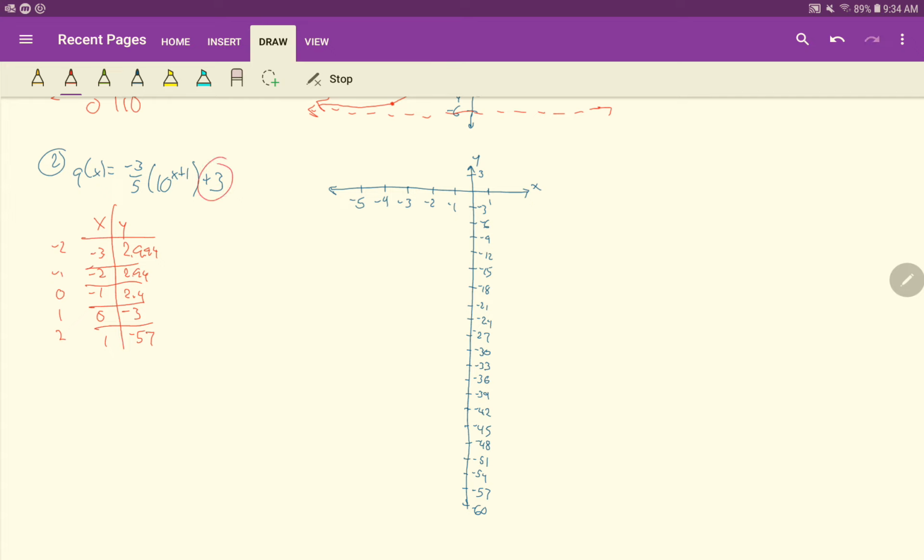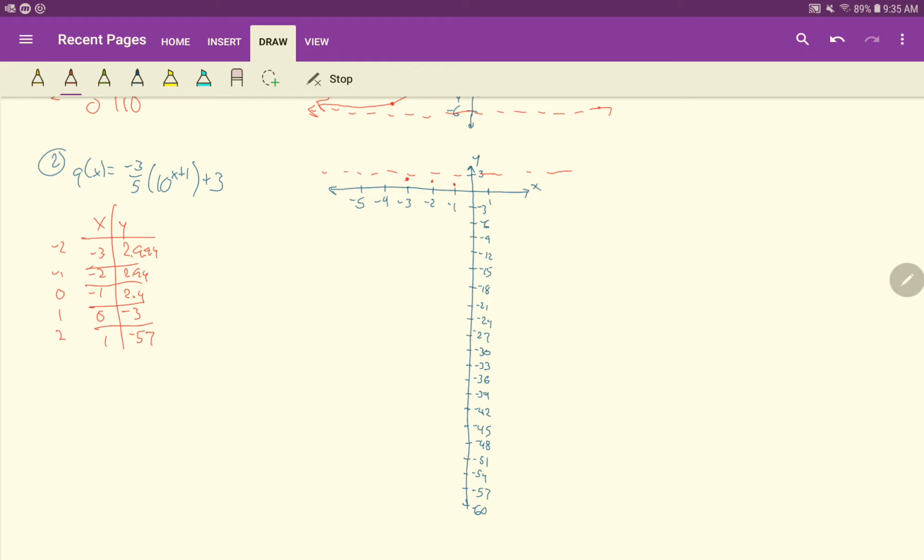Okay, we're adding 3, so that means our horizontal asymptote, which is normally here at 0, is going to be shifted up 3. So right up here is our horizontal asymptote. And we'll just plot the points. So -3, 2.9994, like right up there. -2, 2.94, again, right up there. -1, 2.4, sorry, so it's going to be a little bit lower.